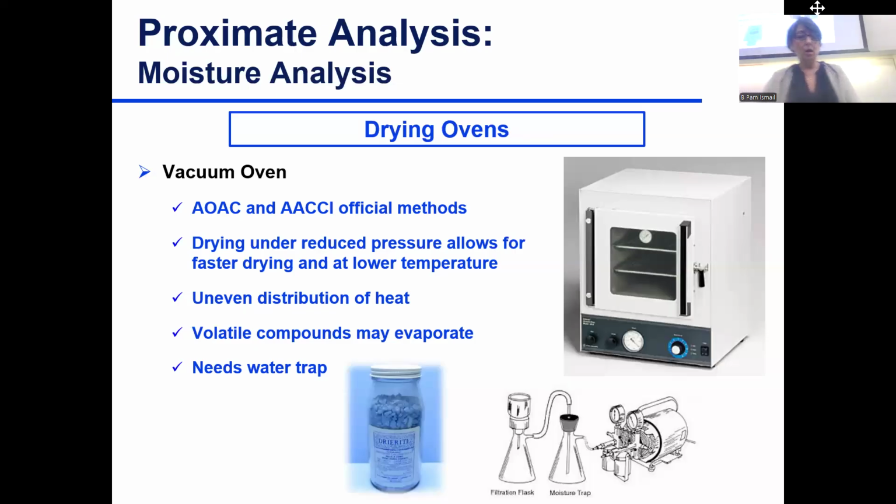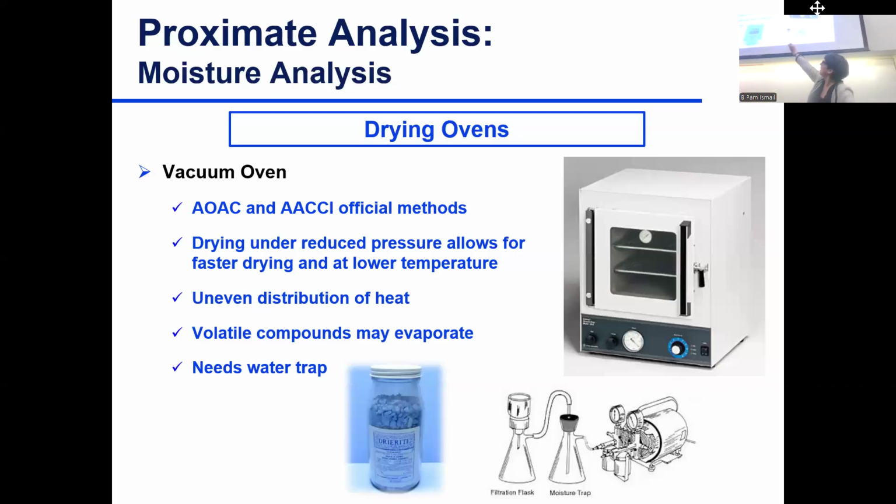And one thing you probably saw today in the lab, that we need to make sure that the water trap, for which we use a desiccant, the desiccant is not saturated with water. The reason we have a water trap, called a cold finger, I don't know why they call it cold finger, but that's what it is, is that when moisture is sucked out of the oven, it doesn't go to the vacuum pump and ruin it.